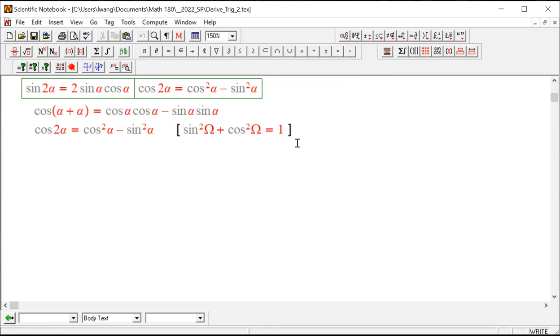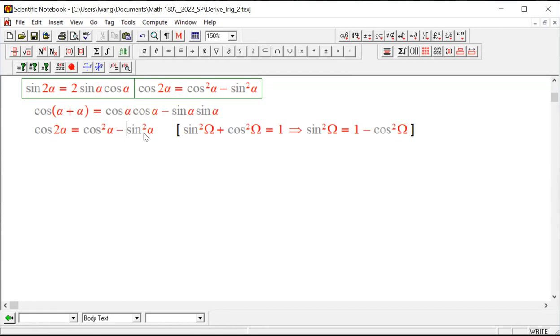And this identity is always true. So from this identity, we can derive that sine square of omega equals 1 minus cosine square of omega.